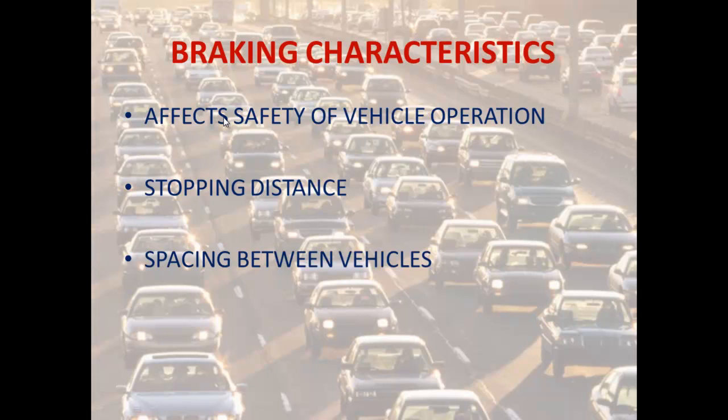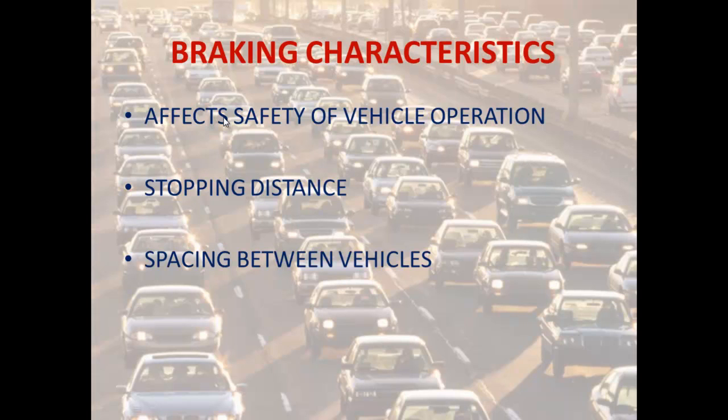If you can imagine a traffic stream, then the vehicle operation, the stopping distance, as I said, and the spacing between two consecutive vehicles in this stream is affected by this braking capacity, isn't it? And thus the highway capacity and the overtaking sight distance requirements are also indirectly affected.